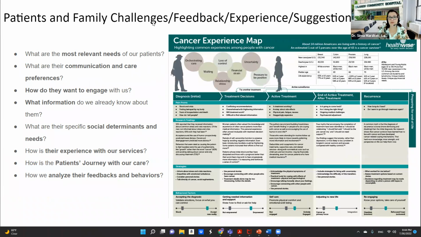The other source of topics and issues are patients and family challenges, feedback, experiences, suggestions, and complaints. You can look into reflections by patients.